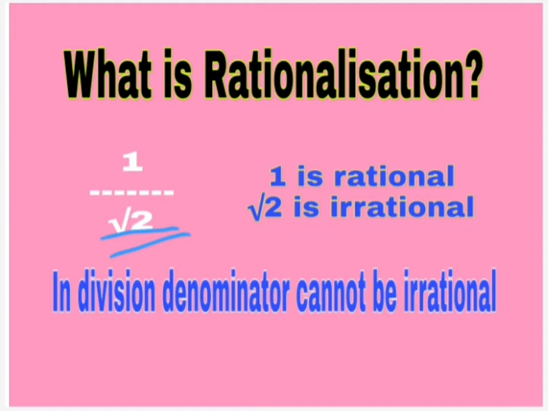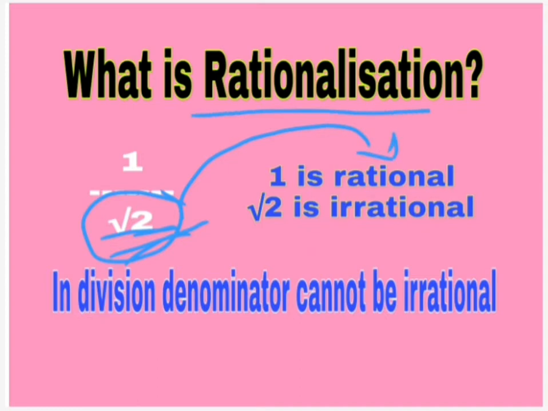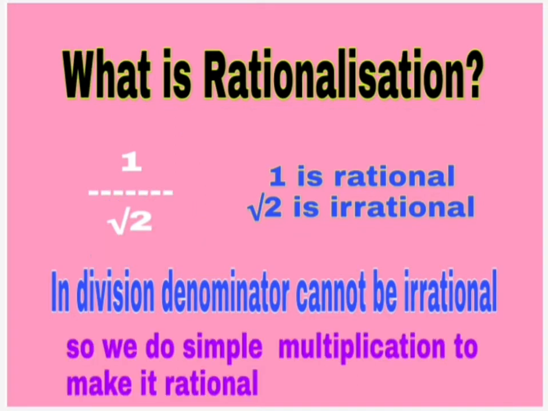So what we are going to do is, whenever we get irrational numbers in the denominator, we will try to convert this irrational number into a rational number. This process is called rationalization. We are going to do this with the help of a simple multiplication.